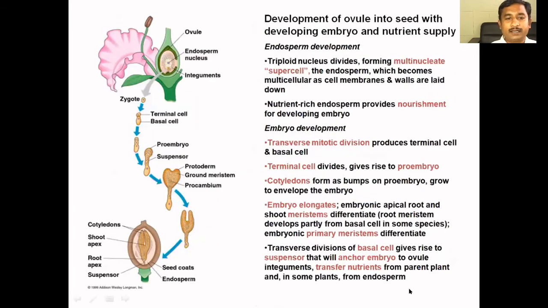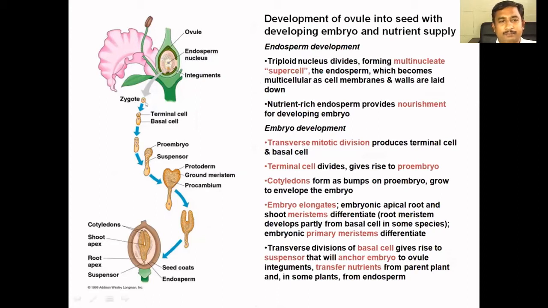Then, coming to the development of the ovular seed with the embryo and nutrient supply. Here you see this is a flower and this is an ovule that becomes a fruit, and this is the endosperm nucleus, and these are different integuments. Then here is the zygote.